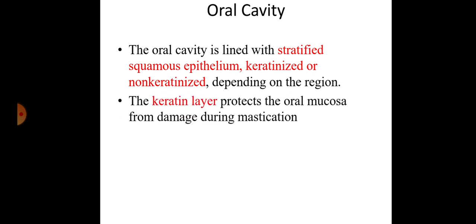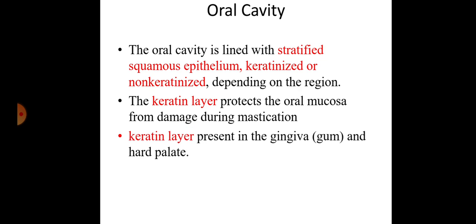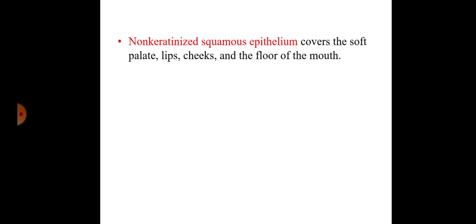For example, the dorsal aspect of the tongue, the hard palate, and the gum are surrounded by keratinized stratified squamous epithelium, while the ventral aspect of the tongue and the internal aspect of the cheek are surrounded by non-keratinized stratified squamous epithelium.